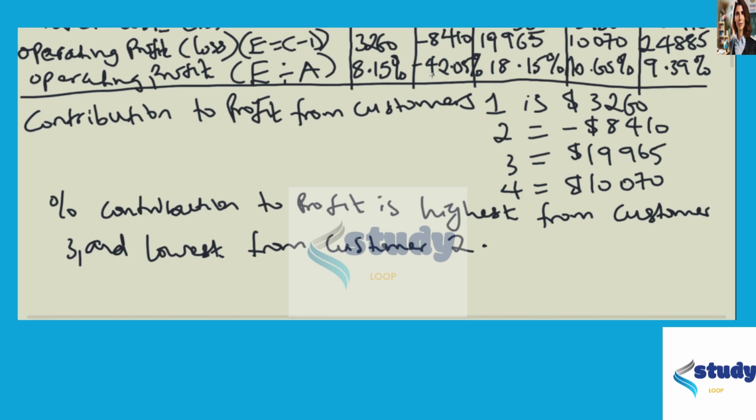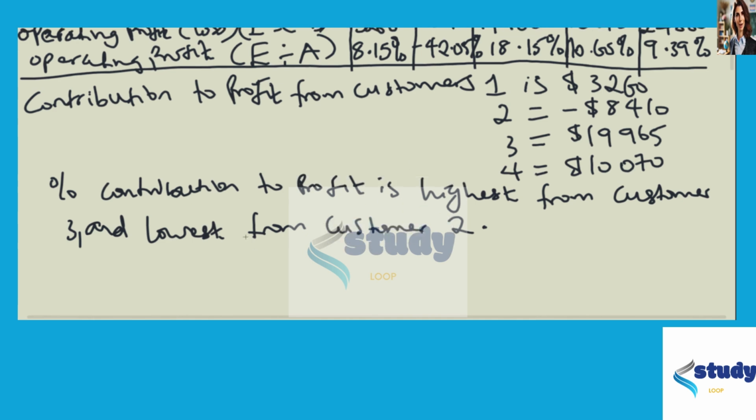Now customer 2 is contributing losses that decrease the entire profit. So instead of increasing the profit, it's decreasing the profit, and therefore the owner of the company, Veritek Wholesalers, should focus on retaining customer 3 and reduce resources applied to customer 2, or otherwise it will break the relationship with customer 2.